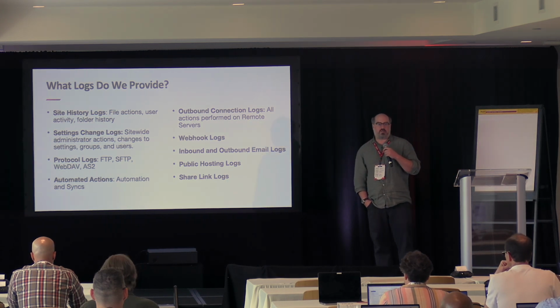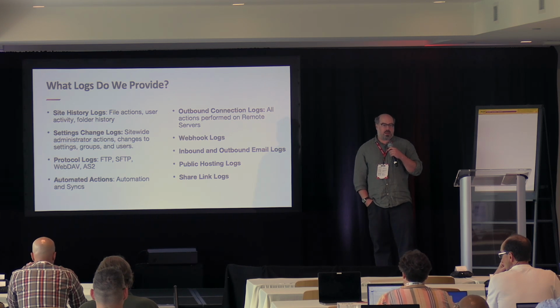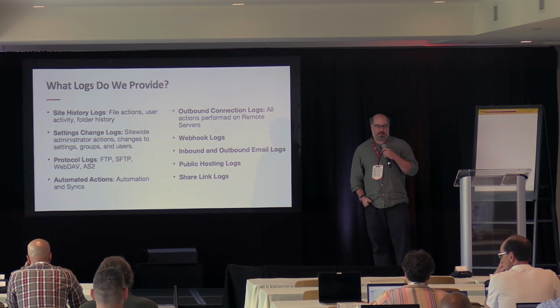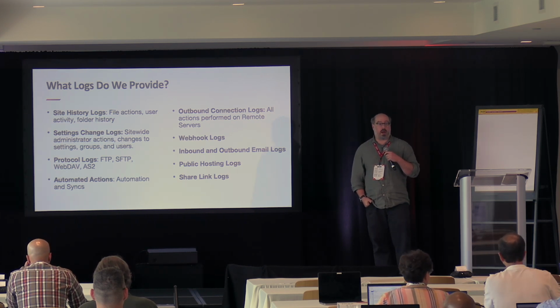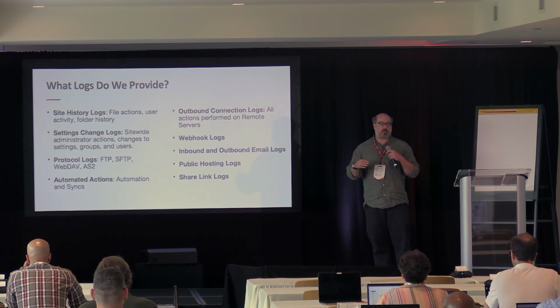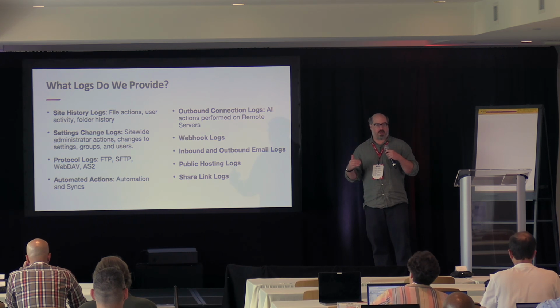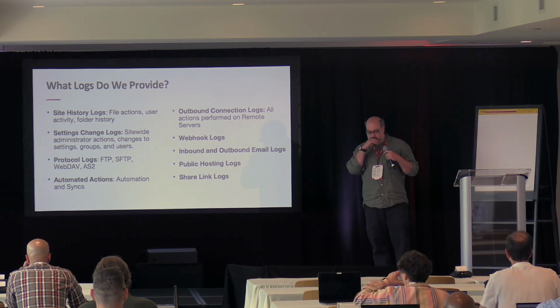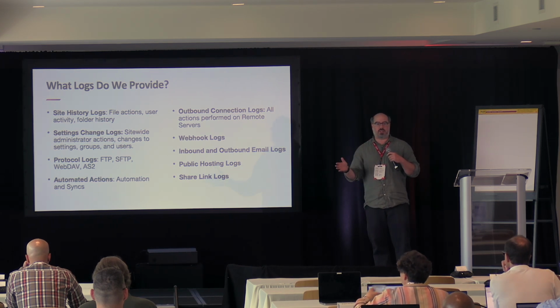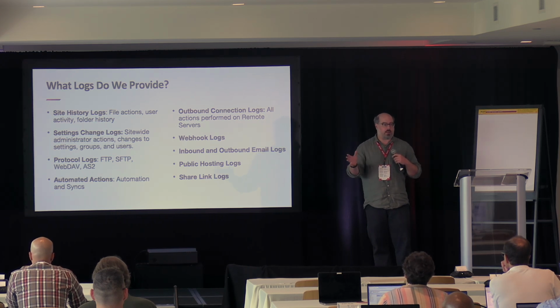So in your SFTP logs, you will see things that are not logged in the site history, right? An SFTP connection, generally, you got someone logging in, changing directories, listing the directory, maybe getting the stat on a file, then downloading it. All of that's visible in your SFTP logs, whereas that same set of actions in the site history logs would just appear as a download, right?